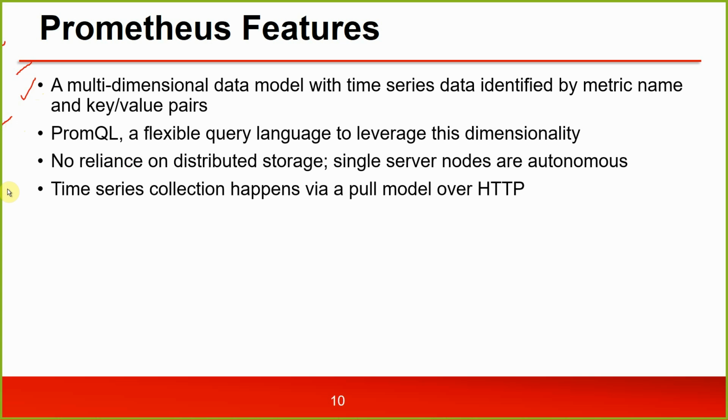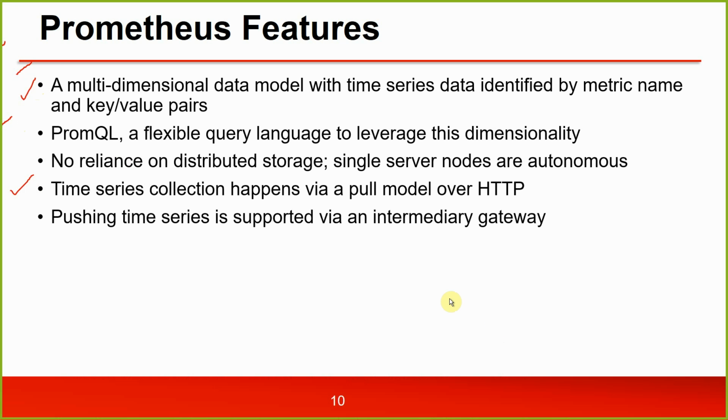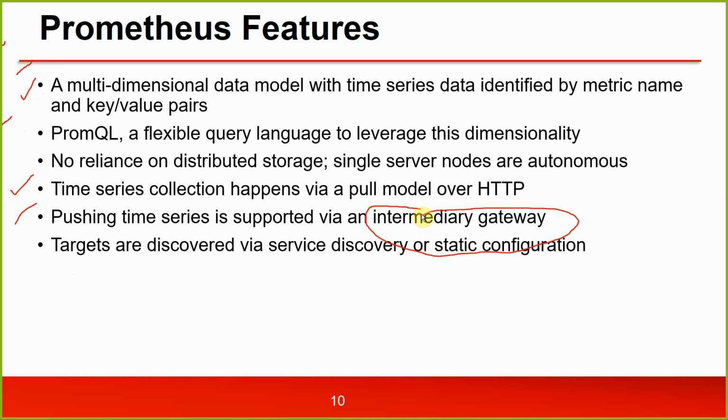Time series collection happens via pull over HTTP. Pushing time series is supported via intermediary gateways. Targets, meaning where the data is available, are discovered via service discovery or static configuration. Both options are available. In Kubernetes, we use service discovery, whereas for standalone nodes and standalone applications, we use static configuration.